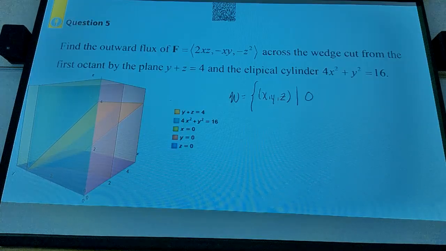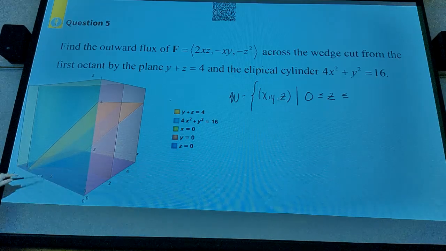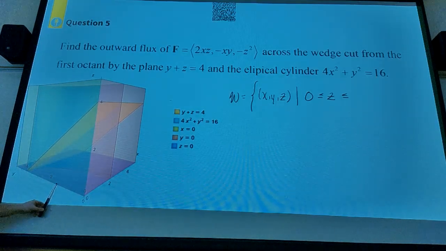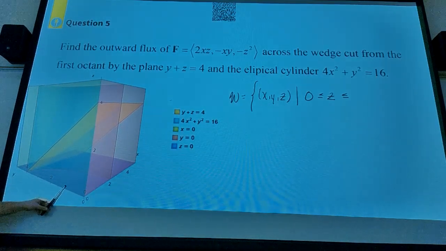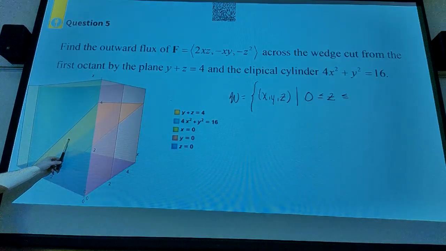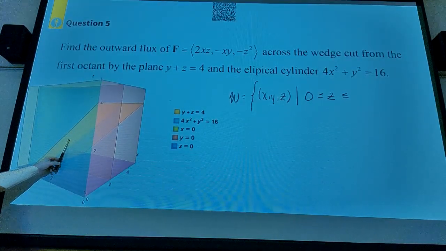Start with z. Well, z is going from 0 up to that plane, right? We're going from z equals 0 up to that orange plane.